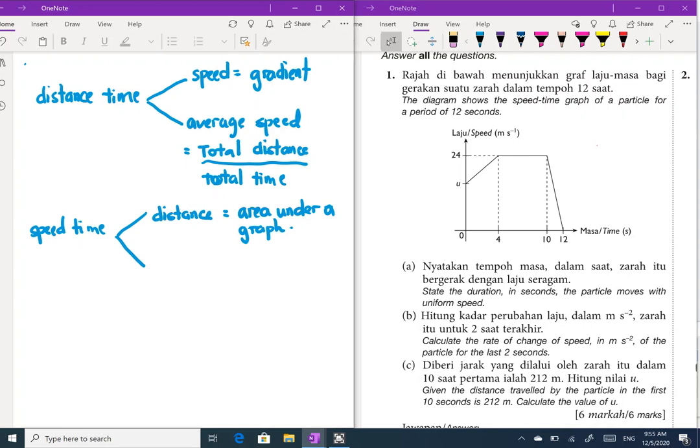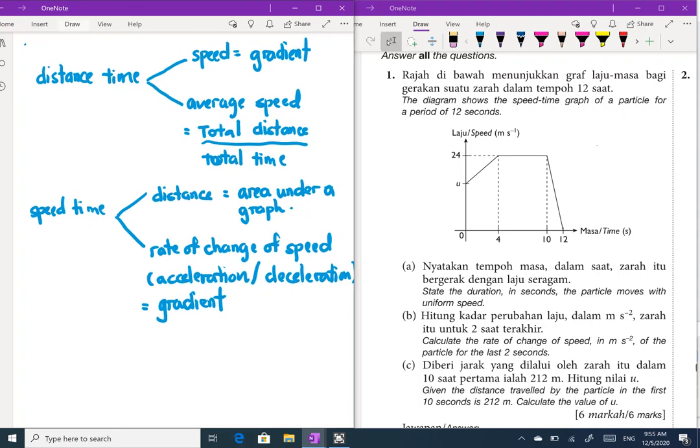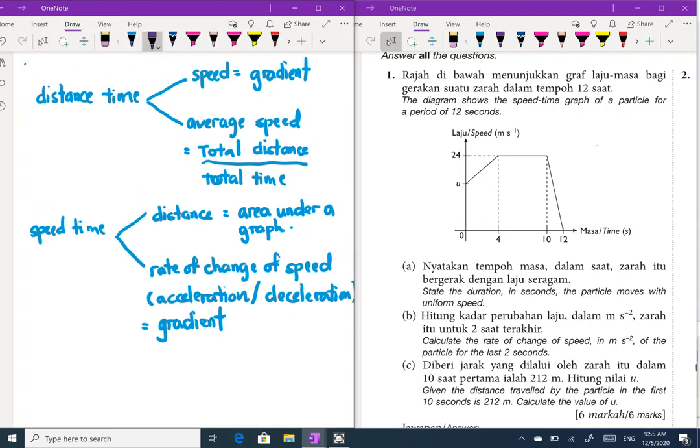If the question asks you to find the rate of change of speed, or we call it acceleration or deceleration, we find the gradient of the graph. For these two graphs, we need to know what is meant by duration. 这两个 graph 都会问到 duration. Okay.